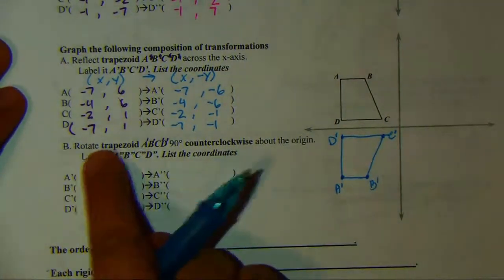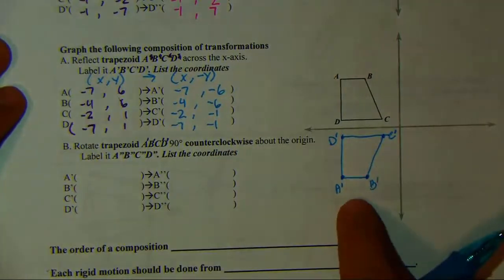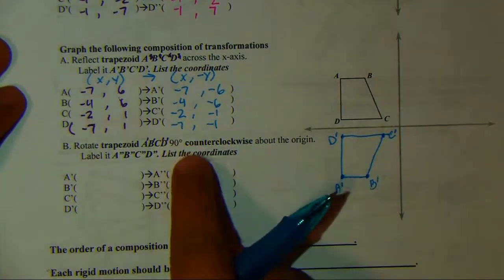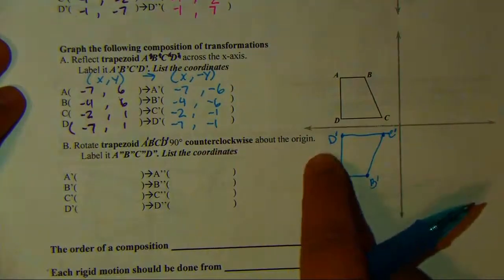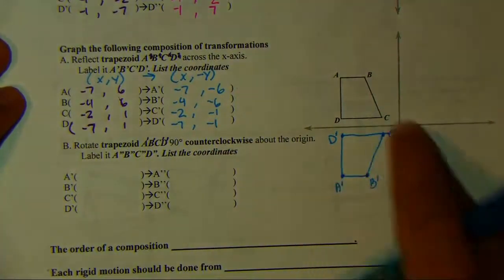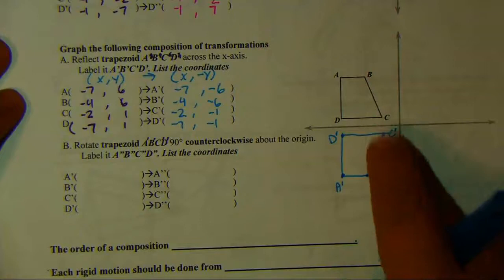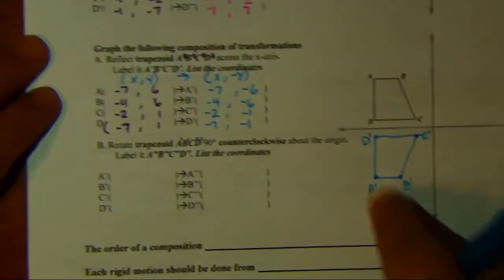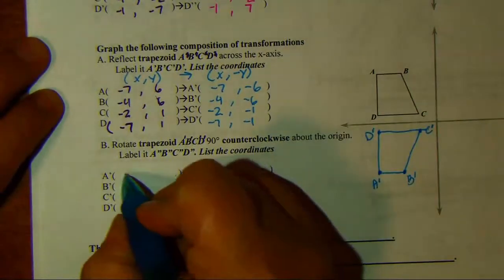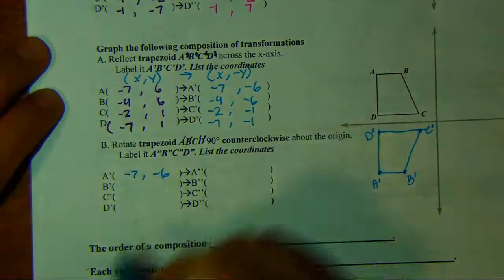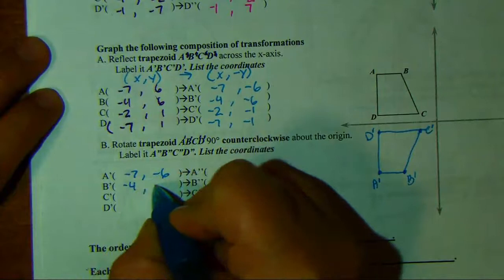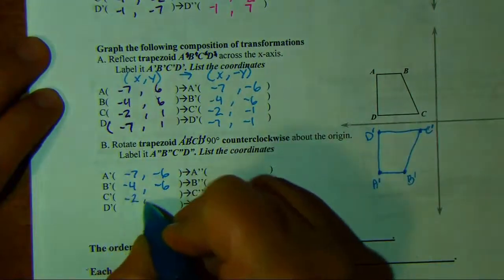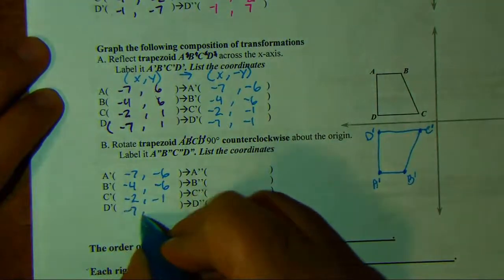Now I want to rotate my reflected trapezoid 90 degrees counterclockwise about the origin. But remember, again, I'm starting from this end point right here. So my points that I'm starting with are (-7, -6), (-4, -6), (-2, -1), and (-7, -1).